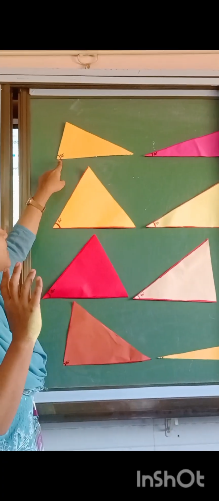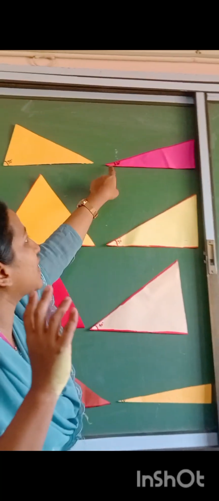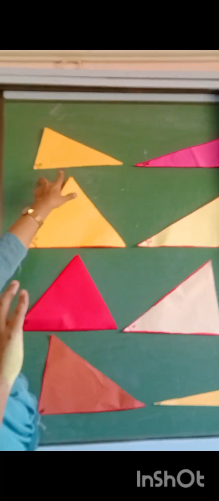I am asking about angle. In this triangle, this angle is 70 degree, and in this triangle, this angle is 20 degree. What is same in these pairs of angles? Who will tell me?